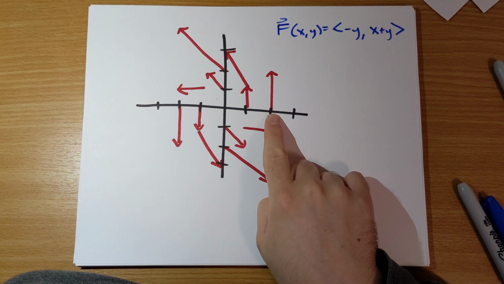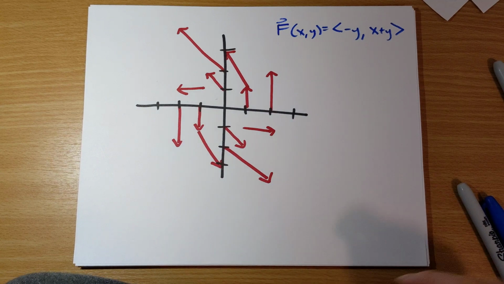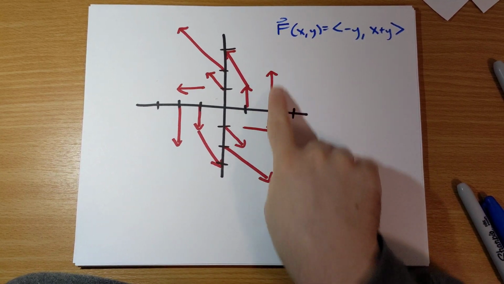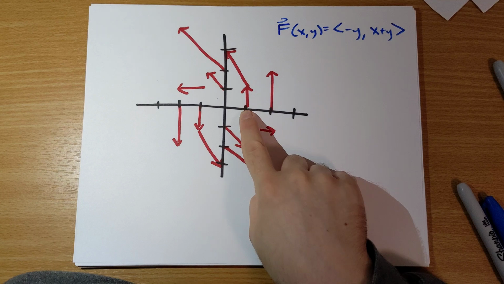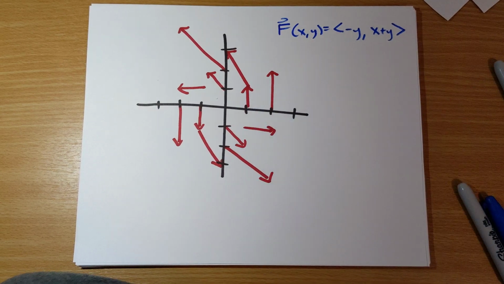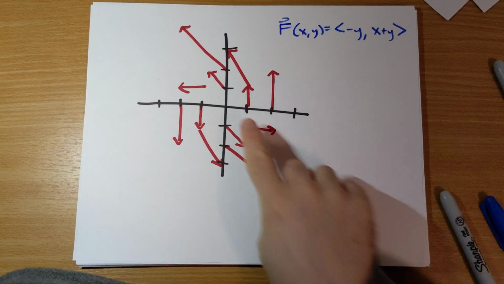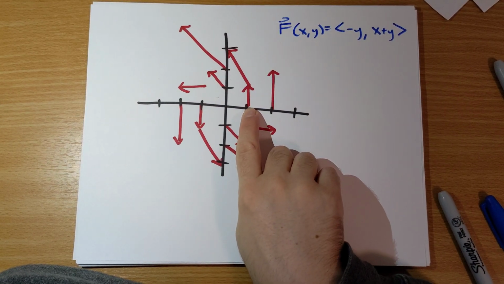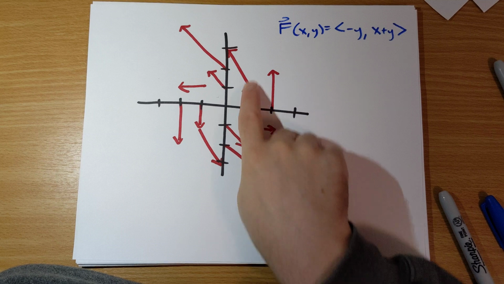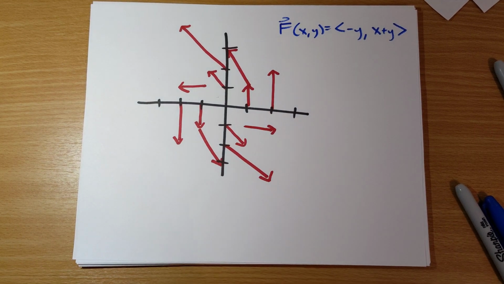I should emphasize that when we draw vector fields, we draw them so that the tail is coming from the point in question. So at the point 1, comma 0, we are drawing the vector 0, comma 1. The tail is at 1, 0, and then it goes away from the point.